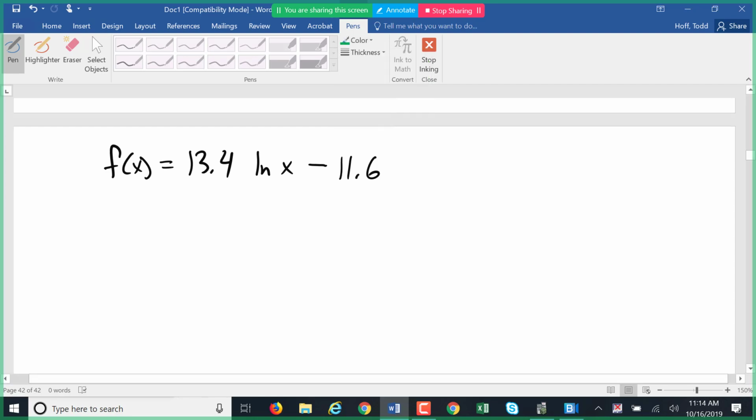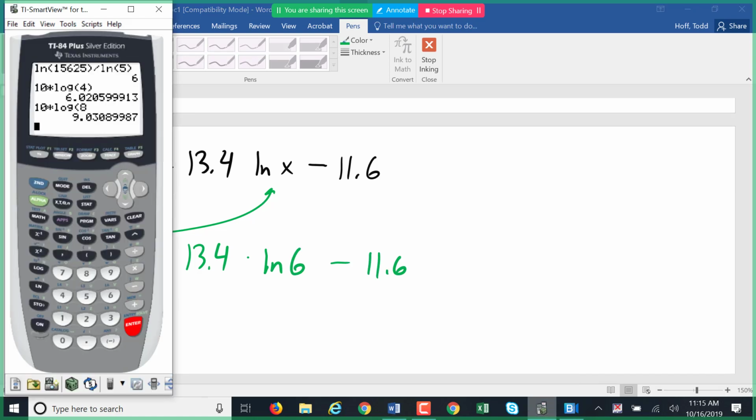If we let x, or we could have used t for time, be 6 minutes. We'll put that in there. This will be 13.4 times ln of 6 minus 11.6. So 13.4 times, no, we have to use the ln key. So I do times, I have to use the ln key, 6.